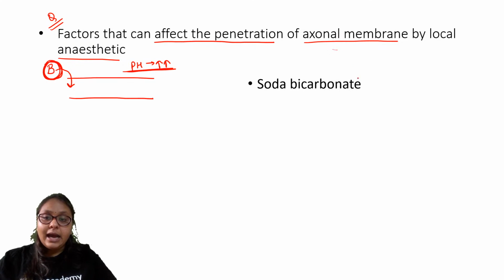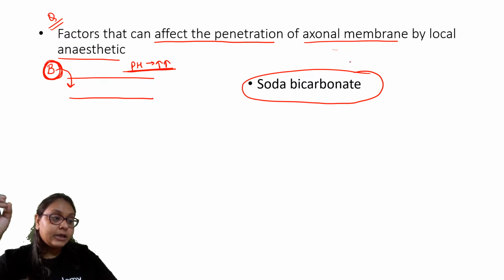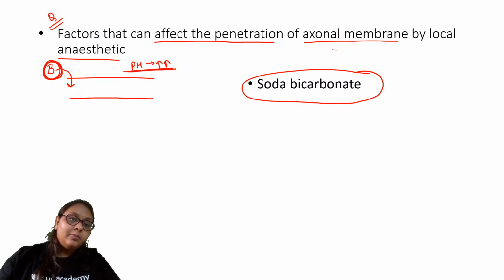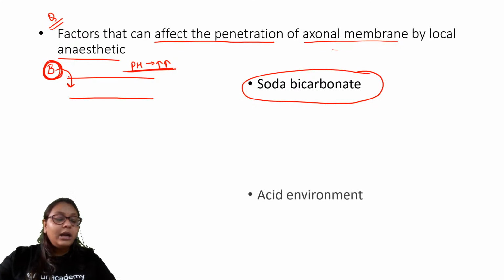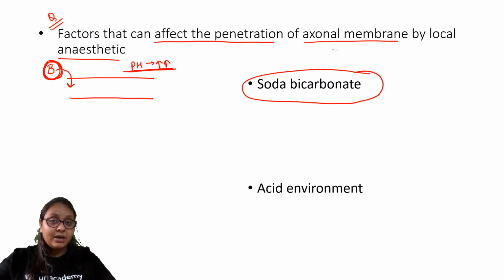That is done by adding soda bicarb to the local anesthetic. So by adding the soda bicarb to the local anesthetic, I am increasing the pH, and therefore more amount of it is present in the non-ionized form, and it can easily penetrate the membrane. Okay, what happens if it is an acidic environment?